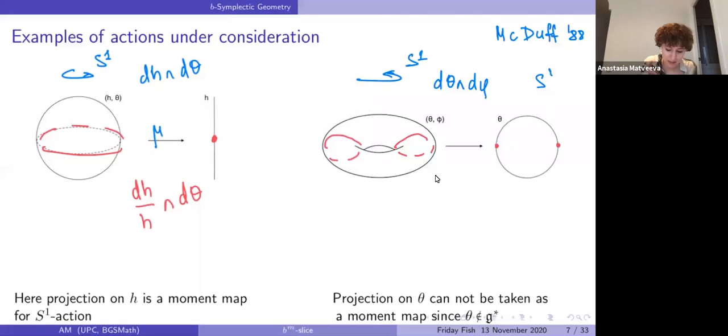But the nice part here is that this case without singularities, the blue one, was non-Hamiltonian, but once you consider it with singularities, this S1 action is perfectly allowed to be a Hamiltonian case. I hope this point is clear.